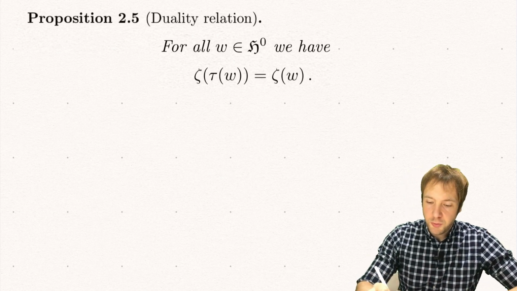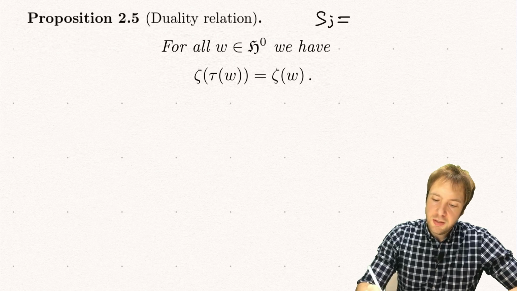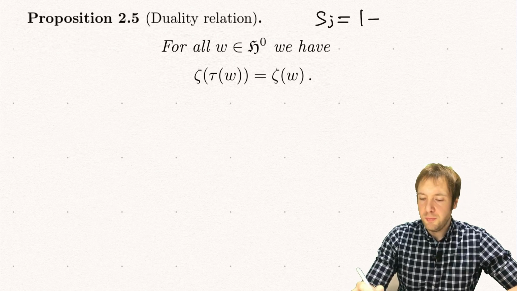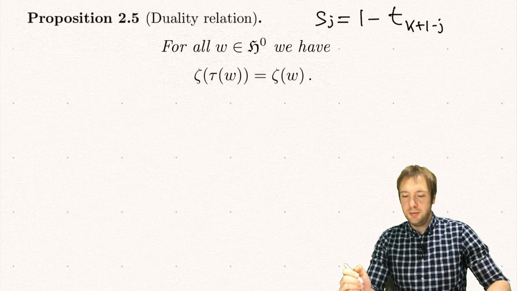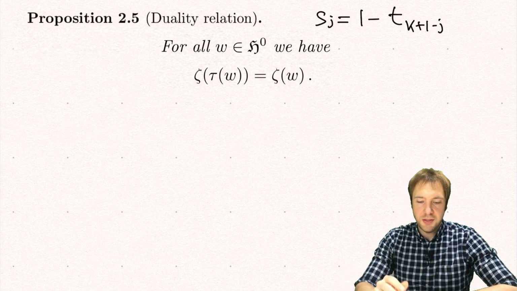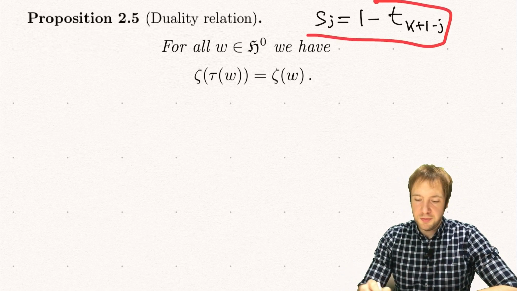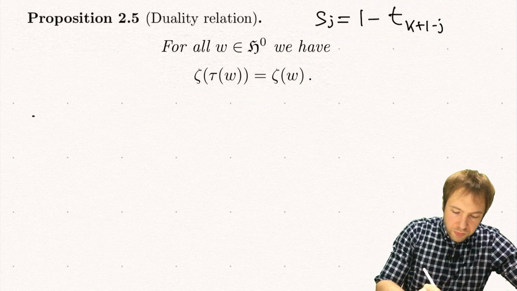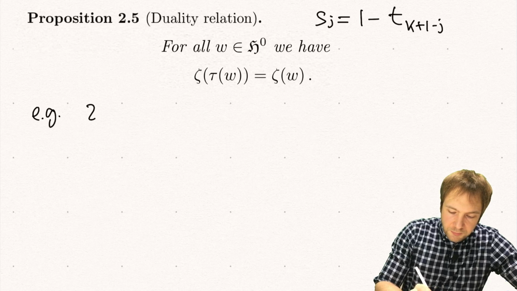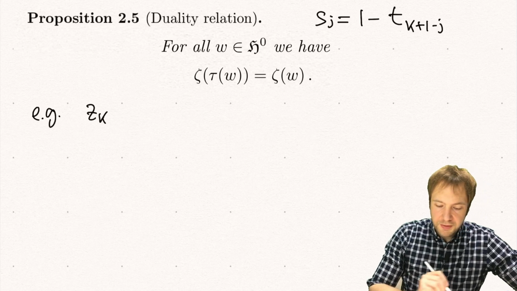So we introduce new variables s_j, which is 1 minus t_{k+1-j}. And then we use the iterated integral expression using this change of variables, and then we get exactly this statement here. So one example is if we start with z_k.